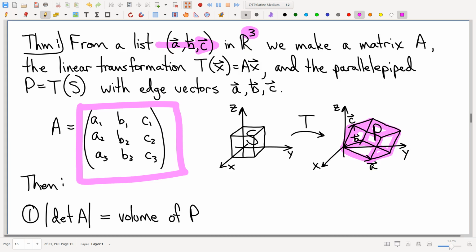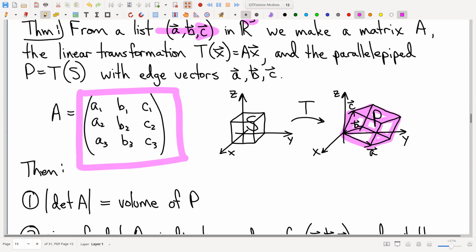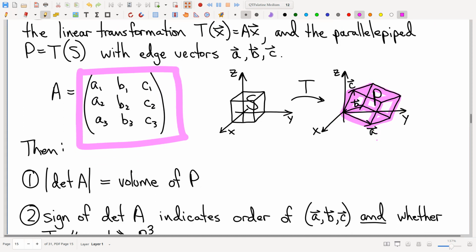The list gives us a matrix, gives us a transformation, gives us a parallelepiped. The magnitude of the determinant gives us the volume. Seems like a reasonable guess, and it's true. And the sign of the determinant tells us whether there is some sort of an inversion inside of here. Is there a reflection hidden inside of this linear transformation or not?